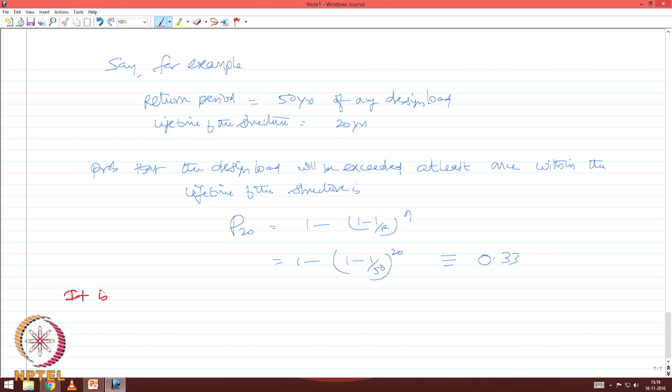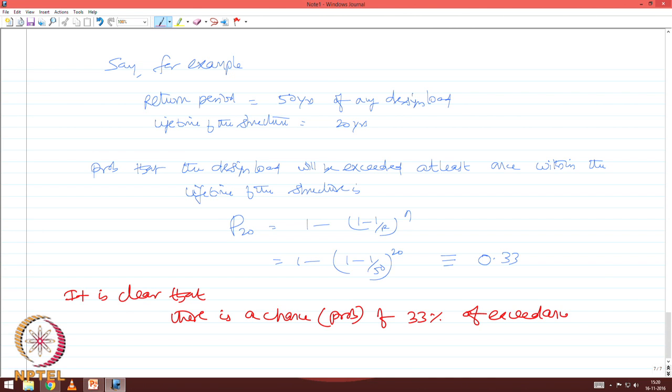It is therefore clear that there is a chance, that is the probability of 33%, of exceedance of the design value within the lifetime of the structure, at least once.